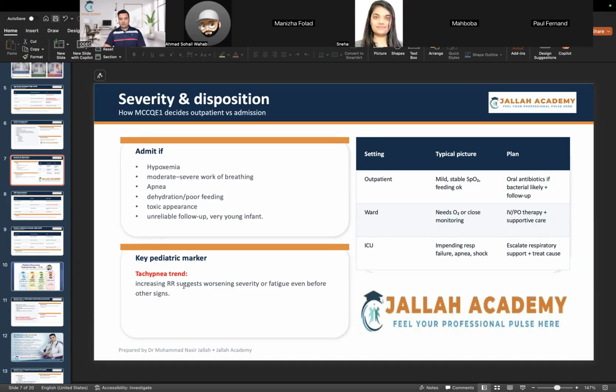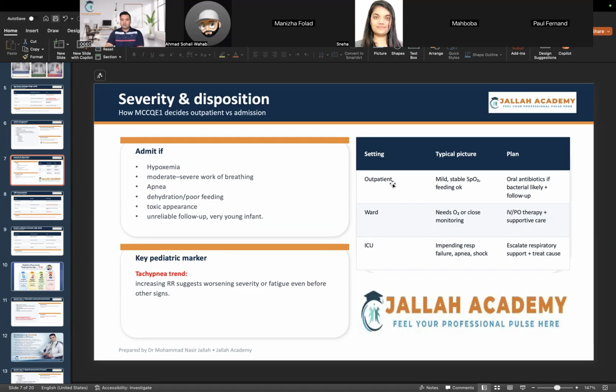A tachypnea trend, increasing respiratory rate, suggests worsening severity or fatigue even before other signs. So it is the most sensitive and earliest sign of respiratory failure in a patient who has pneumonia, especially if very young, but it is also accurate in adults.